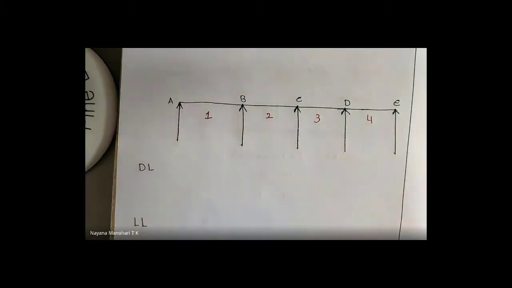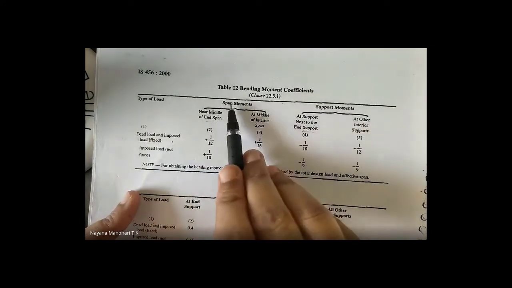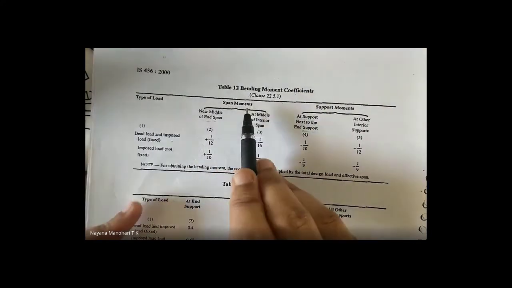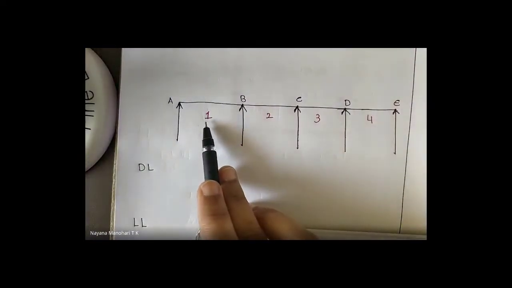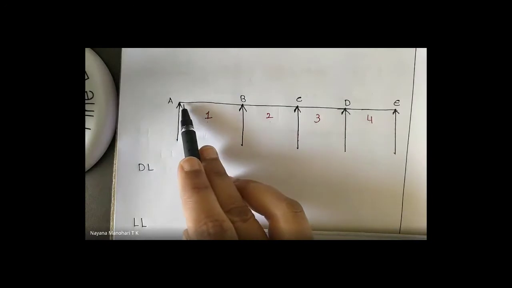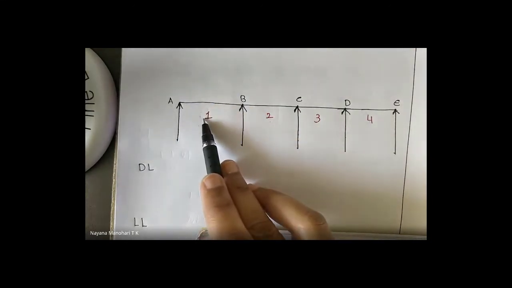Okay, observe here. The first case is what? First, for the dead load, you need to take the bending moment coefficient for the span moment. Span means what? Which I wrote as numbers: 1, 2, 3, 4. At this middle, the moment you call as the span moment.